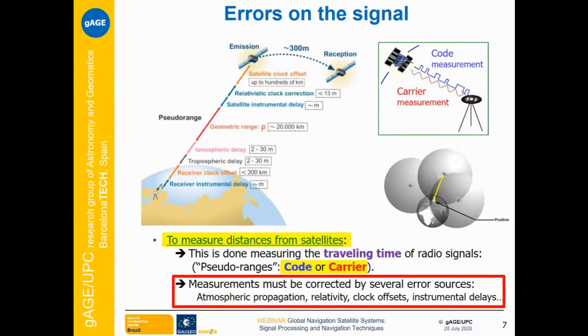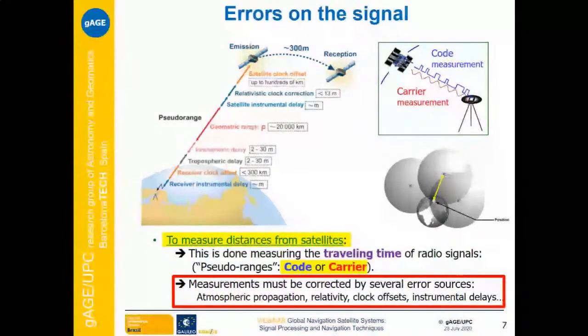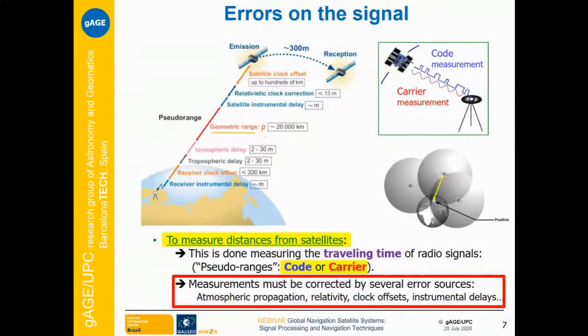We can see in the left plot, together with the geometric range, that is what we are interested in measuring, we have all sources of errors. We have errors at the satellite, relativistic errors, instrumental delays, and so on. We will see all of them and how we can remove them.